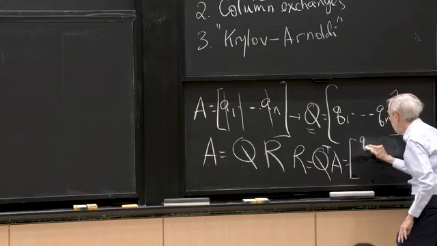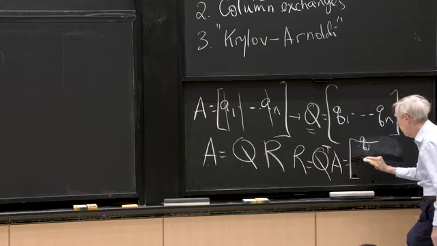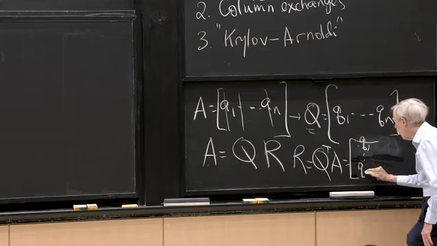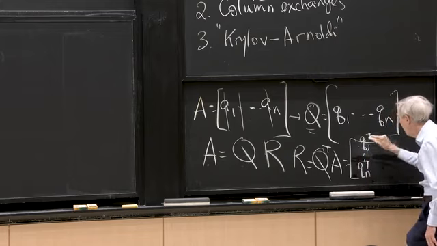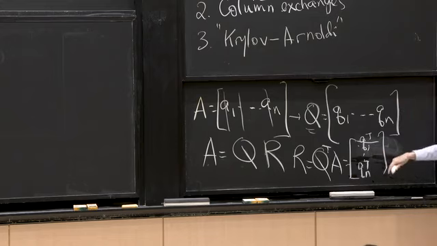That has the Q's along the rows, Q1 transpose to Qn transpose, of course. I'm transposing the matrix above it, so these columns become rows, times the A's, A1 to An.